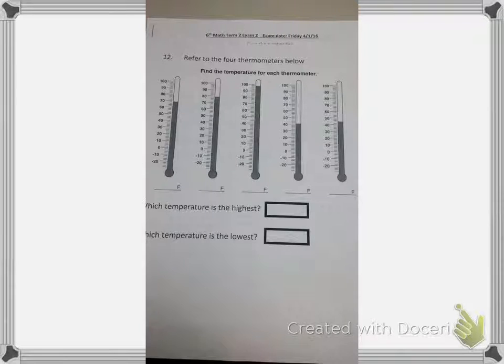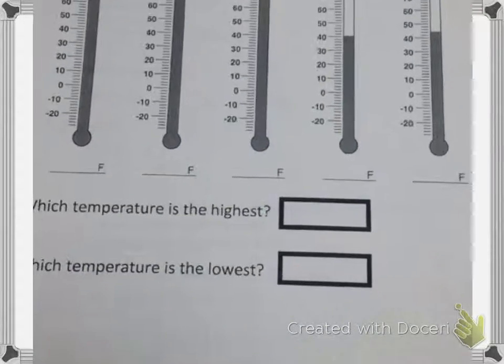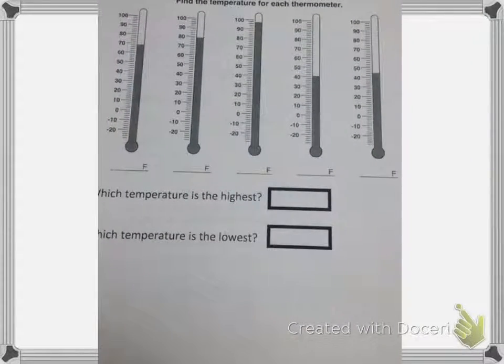Okay? Now, one of the things that you do have to be careful about when you're doing these is the negatives, because there are going to be negatives. So if I were to go ahead and have this filled up to this point right here, so then it would go over to here, to this line.